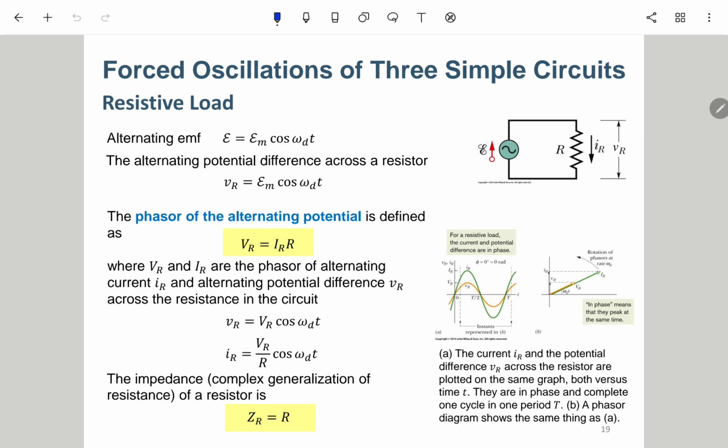Because what we would like to do here is, for an arbitrary RLC circuit, not necessarily RLC in series, it can be any circuit with RLC inside, we try to provide a sinusoidal source or an alternating current source, AC source.